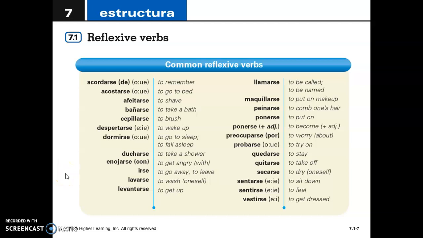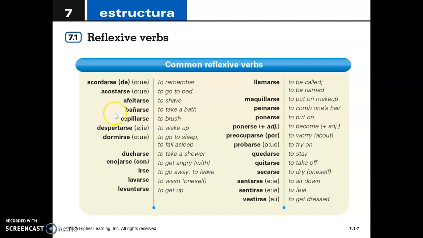So here we have some of the most common reflexive verbs, the ones that we are going to see throughout this semester: acordarse, acostarse, afeitarse, bañarse. So you can see that we are going to have that se, which means that it is a reflexive verb, and that we are going to need a pronoun in front of that whenever we conjugate it.